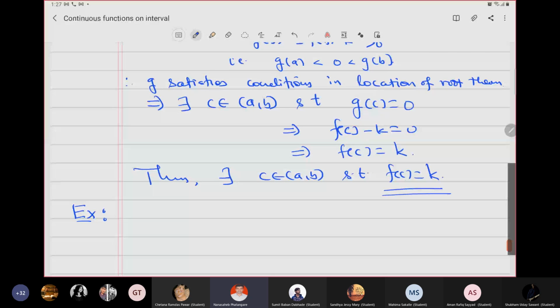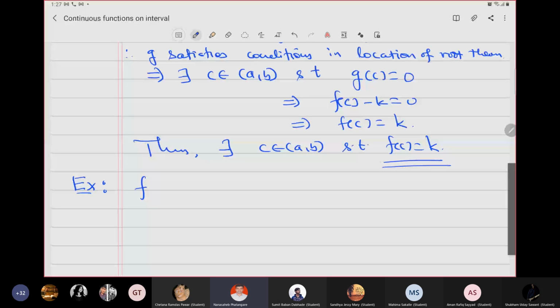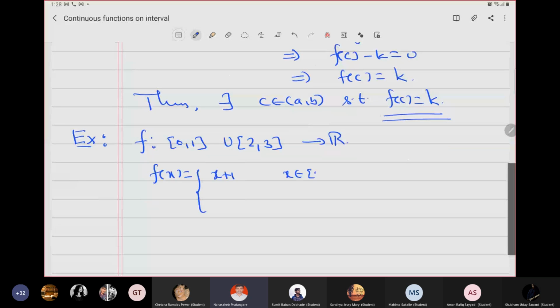Suppose I define a function on 0, 1, union 2 to 3 to R. So f of x is equal to x plus 1 if x is in 0 to 1 and is equal to x square plus 5 if x is in 2 to 3.